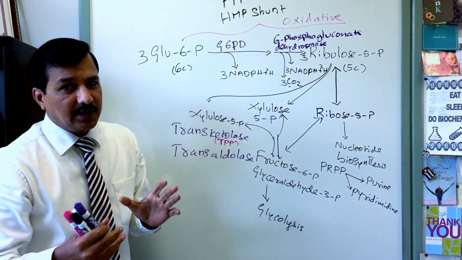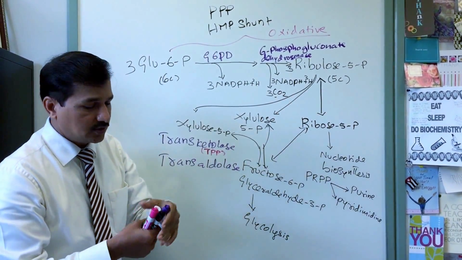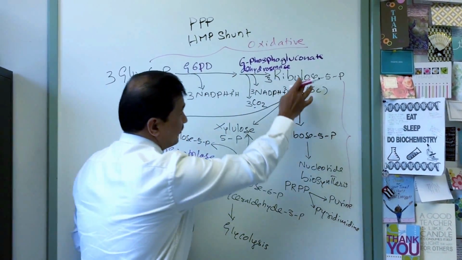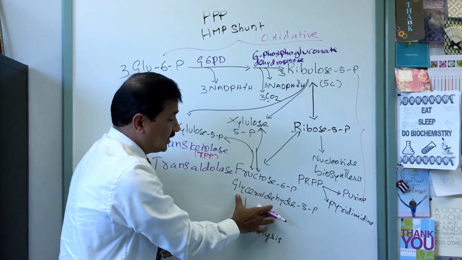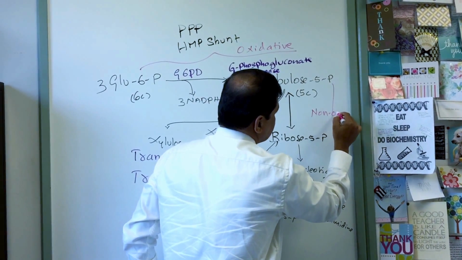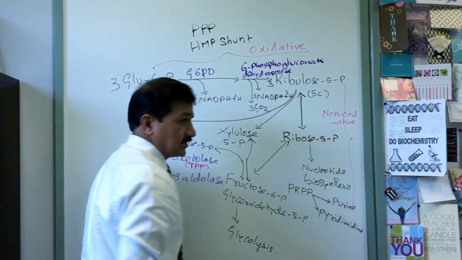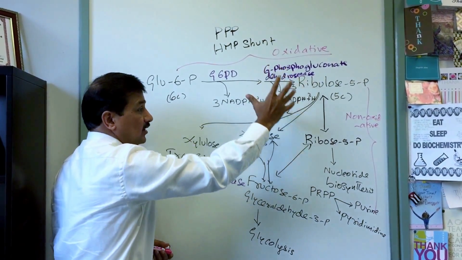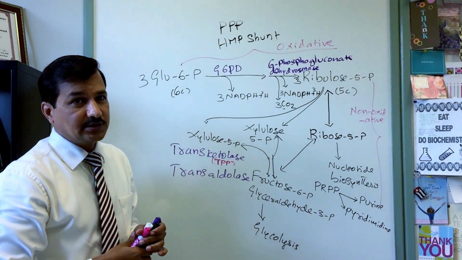Sufficient availability of TPP is important here for the non-oxidative phase, and also I forgot to say that all these reversible reactions, the conversion of ribulose 5-phosphate ultimately into fructose 6-phosphate and glyceraldehyde 3-phosphate, are referred to as the non-oxidative phase. So oxidative phase reactions are all irreversible. Non-oxidative phase reactions are reversible. This is the first point that you need to remember.